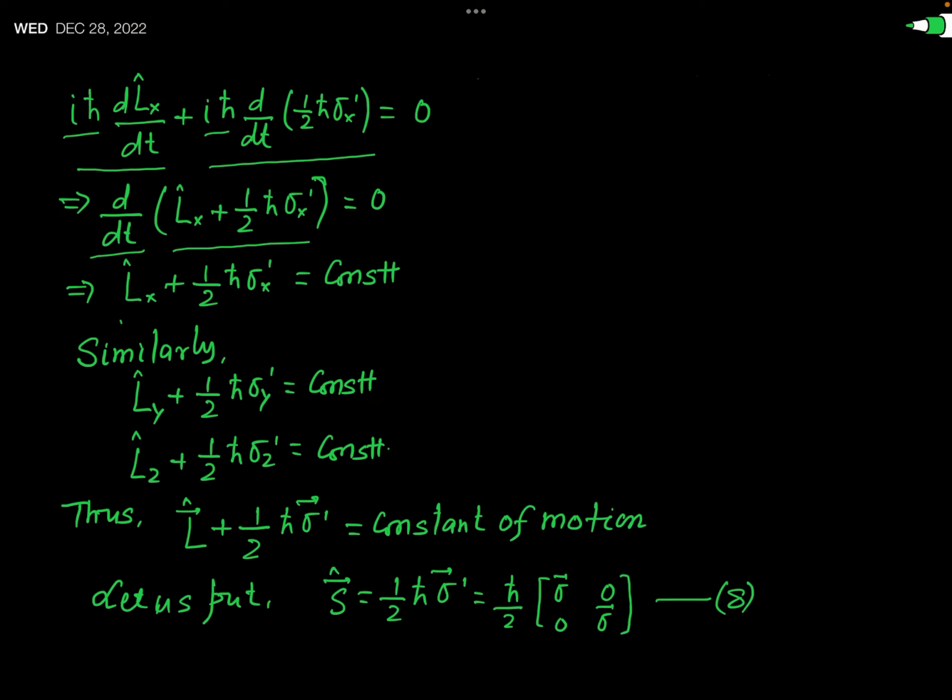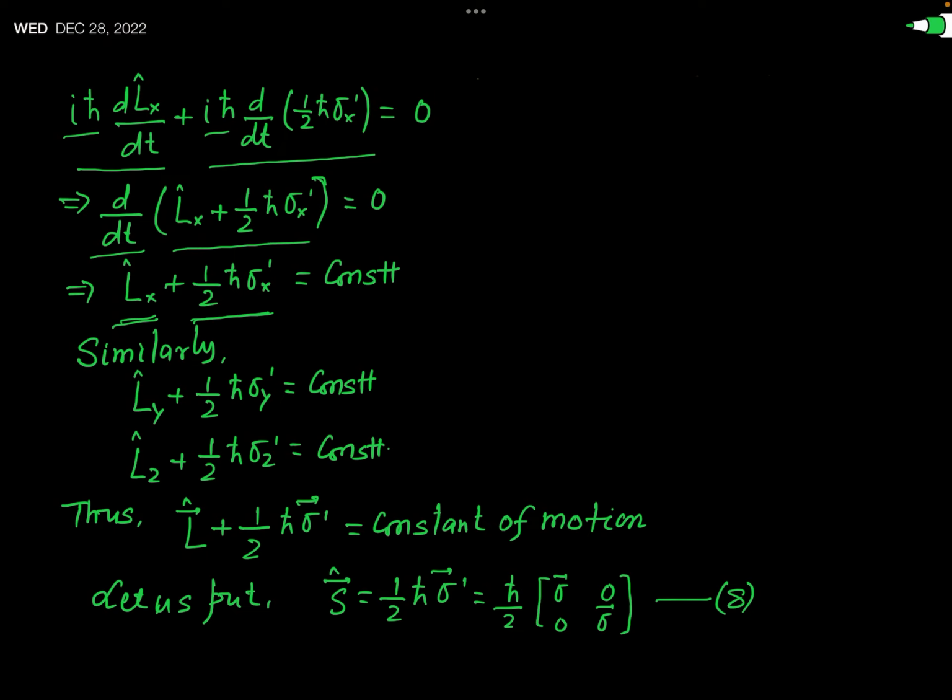And so you can say that this Lx hat plus 1 by 2 h bar sigma x dashed is a constant of motion. So we have proved that Lx hat is not a constant of motion, but Lx hat plus 1 by 2 h bar sigma x dashed is a constant of motion.